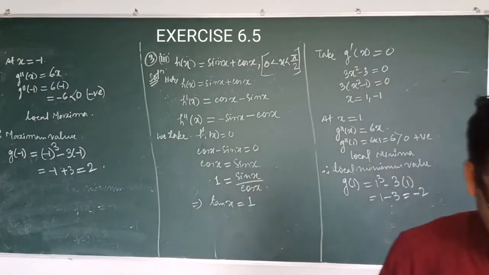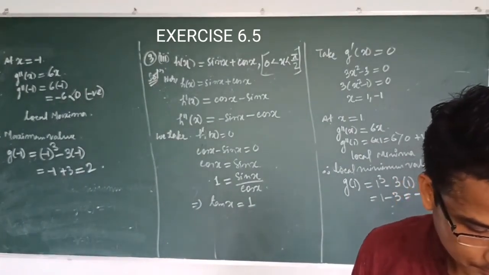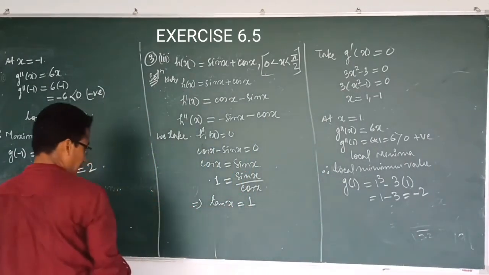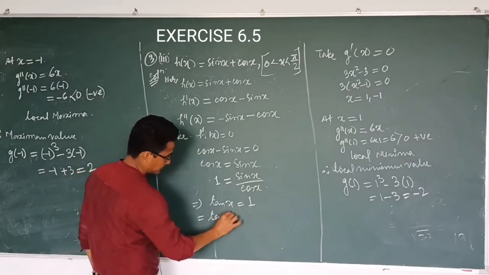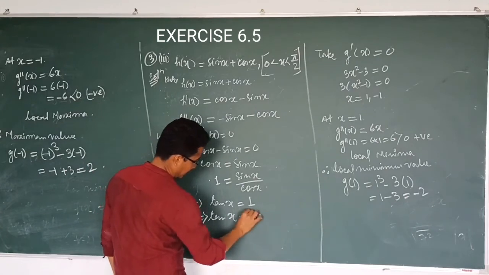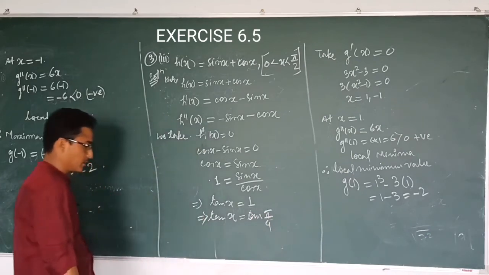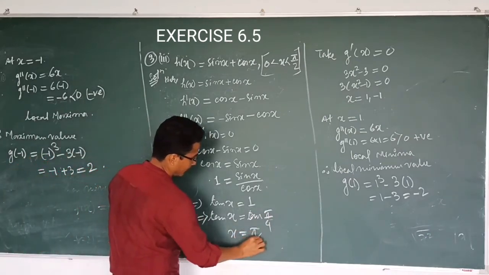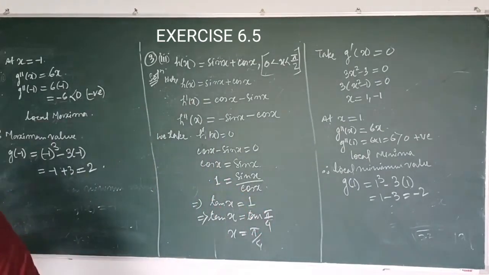So this implies tan x equal to tan 45. Tan 45 means pi by 4. That means x equal to pi by 4. So x equal to pi by 4 is our critical point.